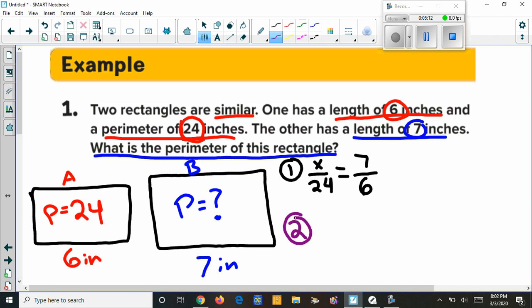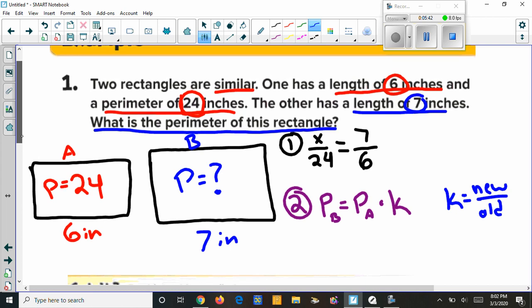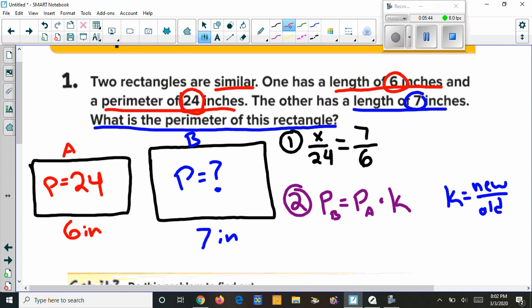For this case, and as we see above in our book, the perimeter of B is equal to the perimeter of A times a scale factor. Recall that a scale factor is new divided by old. And for this example, B is my new and A is my old.